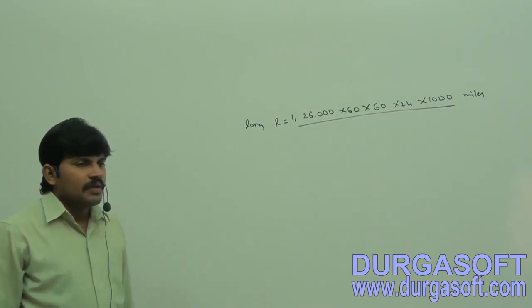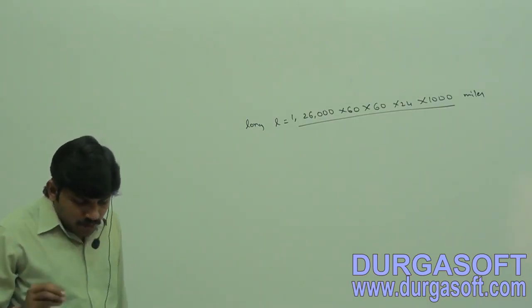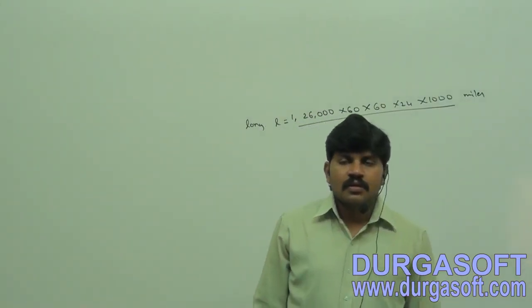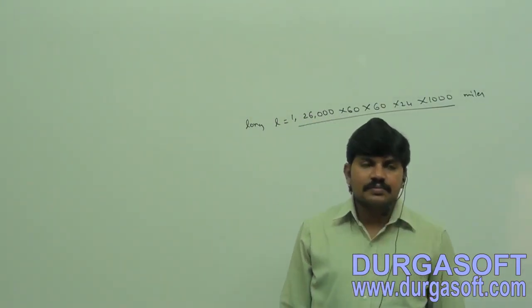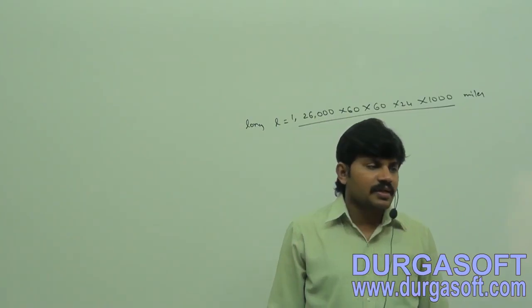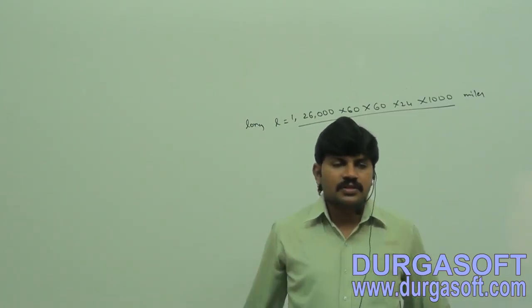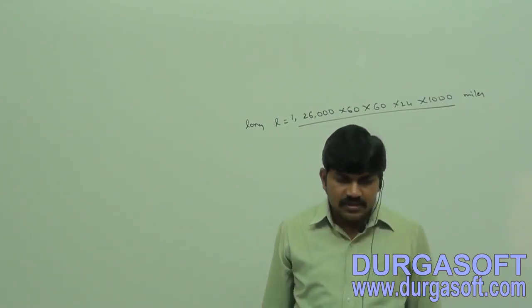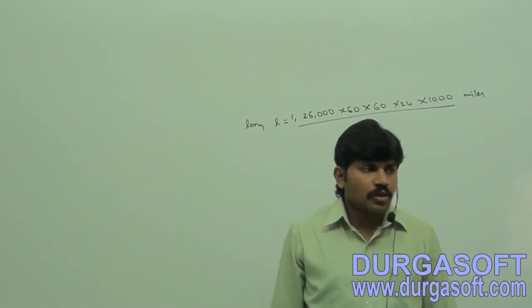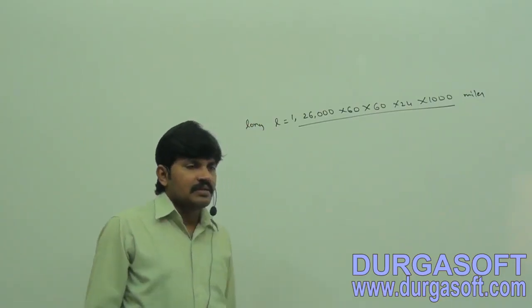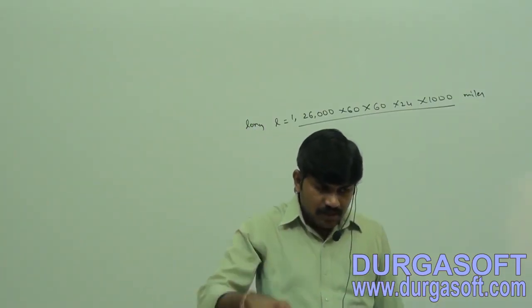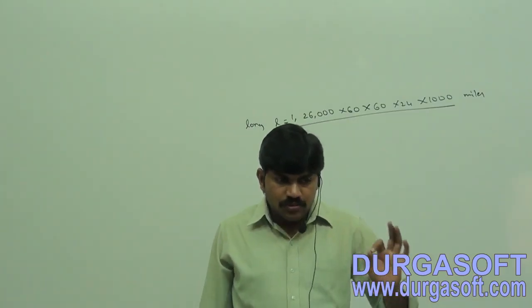Example 1: the amount of distance traveled by light in 1000 days.